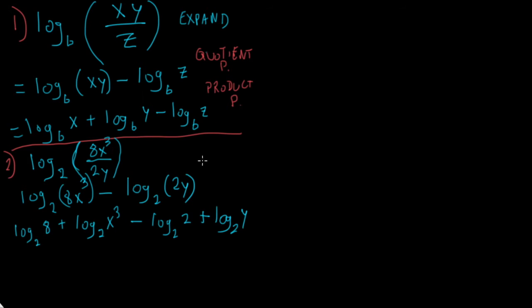So we split all of this up using the product property. So we started with the quotient property, and then we split it up using the product property.